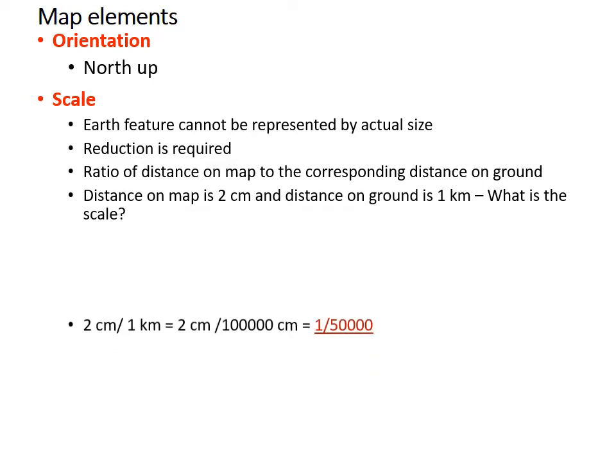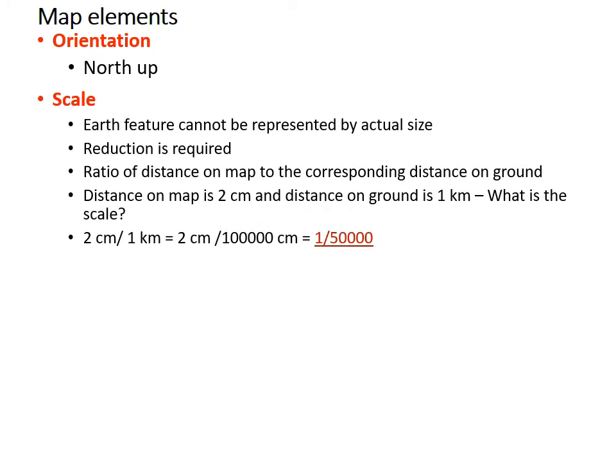To determine this, we take the distance on the map as 2 centimeters, divide that by the distance on the ground, which is 1 kilometer, and convert that into the same units so that you get the ratio as 1 is to 50,000. So the scale of that particular map is 1 is to 50,000, which means that the distance between any two features on the ground in reality is 50,000 times reduced in your map.